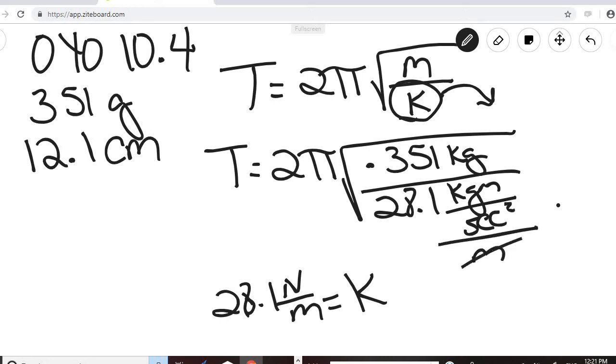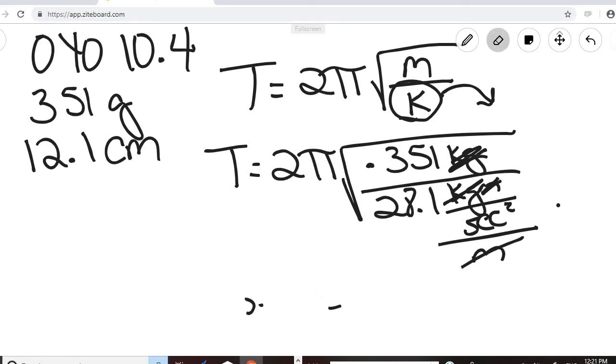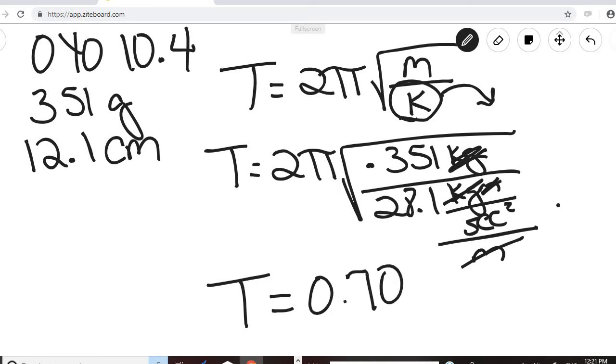Okay, so meters will cancel, kilograms will cancel. We're going to take the square root of second squared to get seconds. So T, if we do all that math, will be equal to 0.70 seconds.